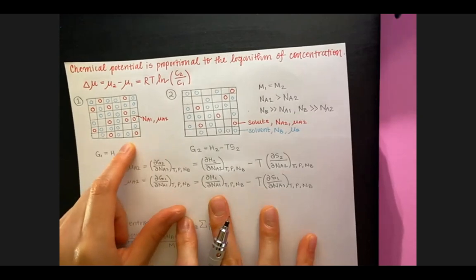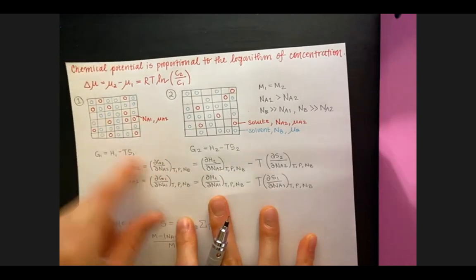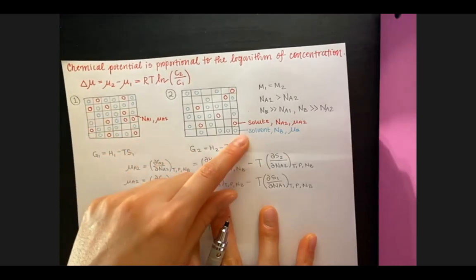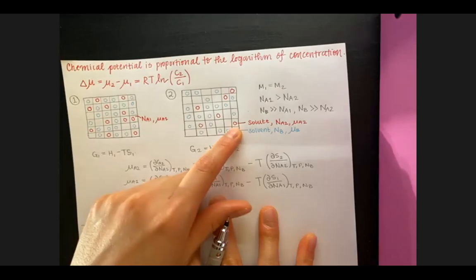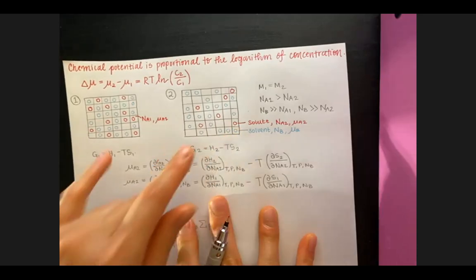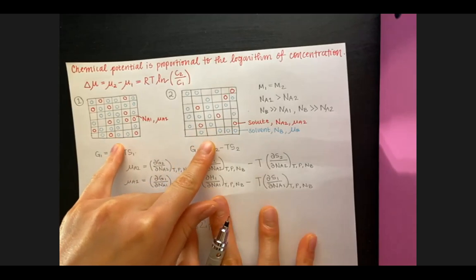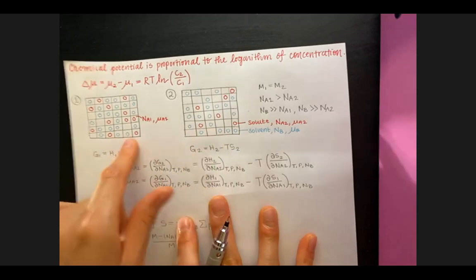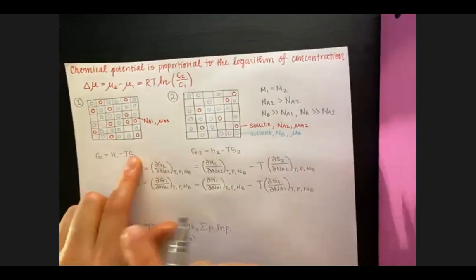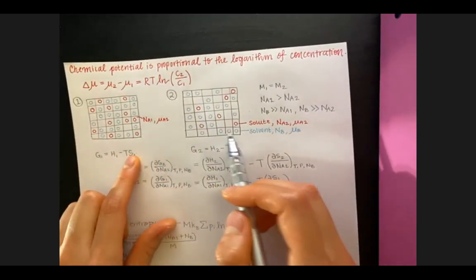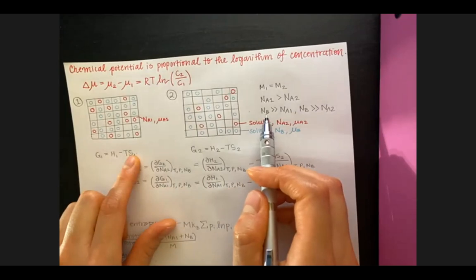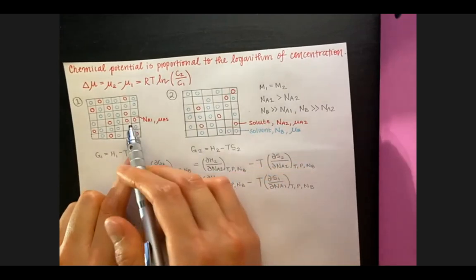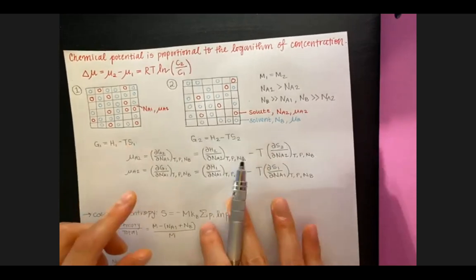So imagine this is a ton of grid boxes, and we have the solvent in blue and the solute in red, and in each region, the number of grid boxes is going to be the same because it's the same volume. You have more solute in region 1 than region 2, and in each case, your number of solvent molecules is going to be way greater than the number of solute molecules.